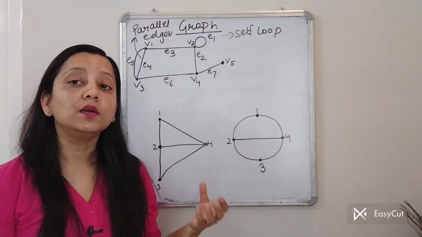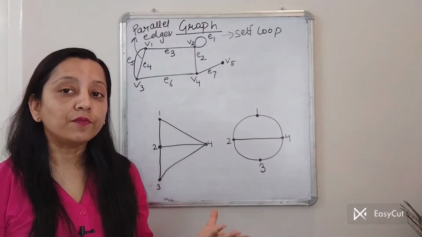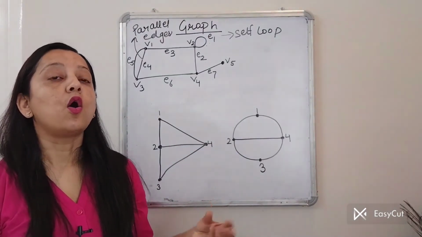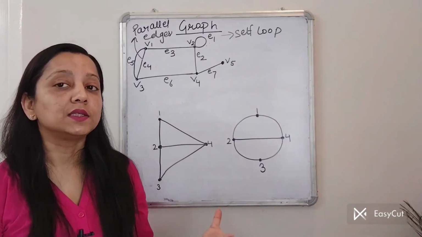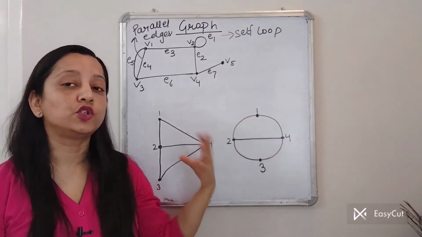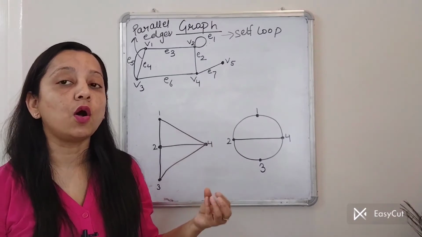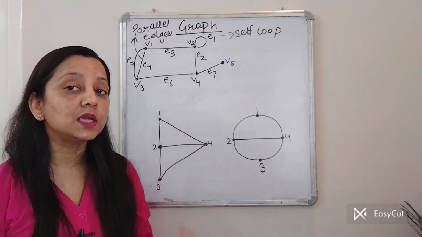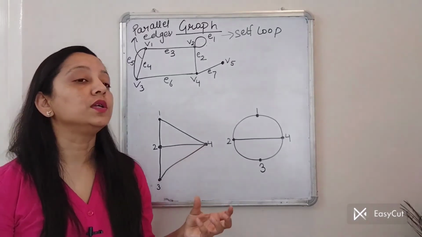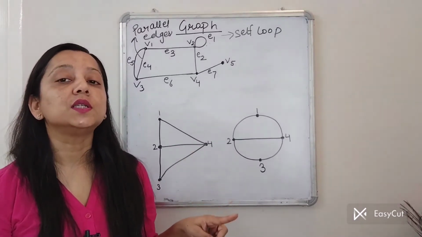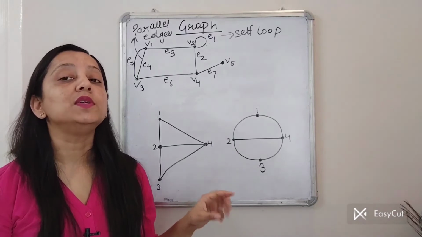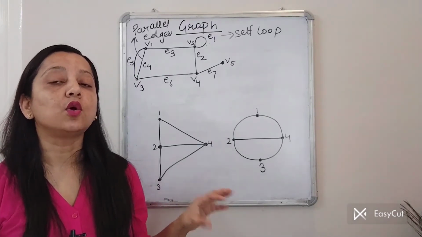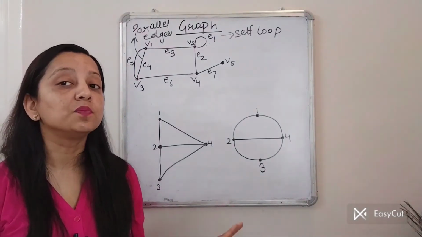Now while drawing a graph, the shape of the lines or the length of the lines, whether you draw a curve or a straight line, whether you draw a short line or a long line, that has no significance. What is important is the incidence of the vertices and the edges. That means which edge is incident on which pair of vertices, that is important.